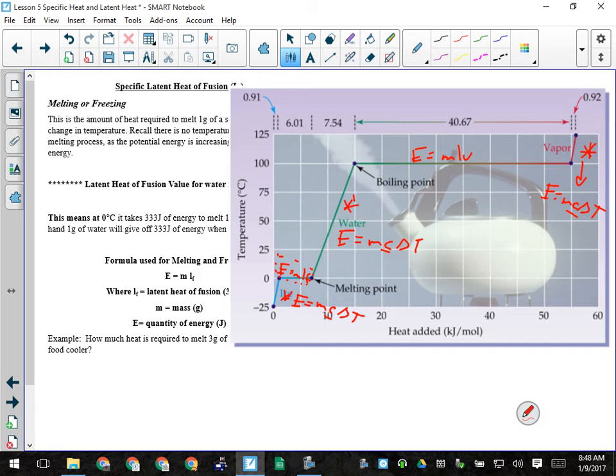The most common mistake that people make is with the temperature change, however. If I am heating ice from minus 25 into steam at 125, I'll often have people tell me that the temperature change for this part of the graph is 150 degrees. Is that true?